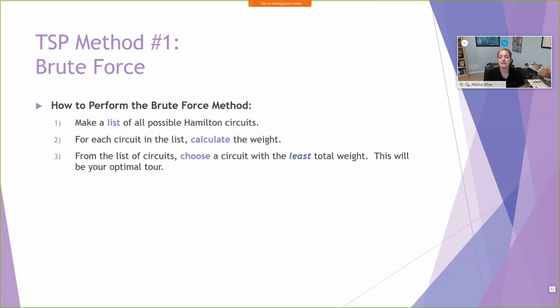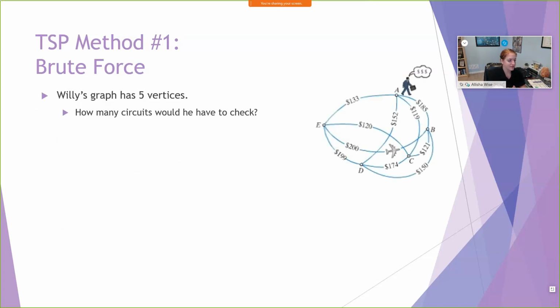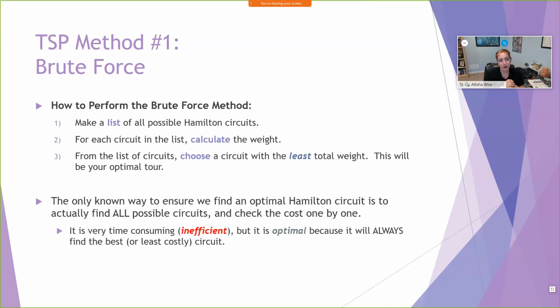Cool. Another thing you need to keep in mind with the brute force method is that it will always guarantee the optimal solution, because you've looked at all of them. You know which one is cheapest, right? So you will always be guaranteed the optimal solution for brute force. However, it's highly inefficient because you have to check and calculate every single Hamilton circuit.